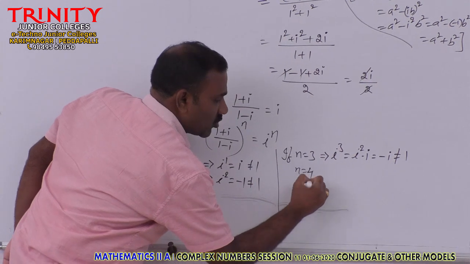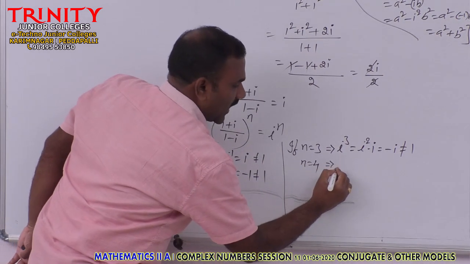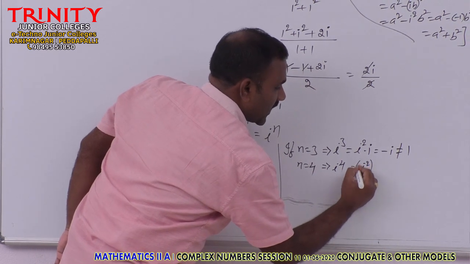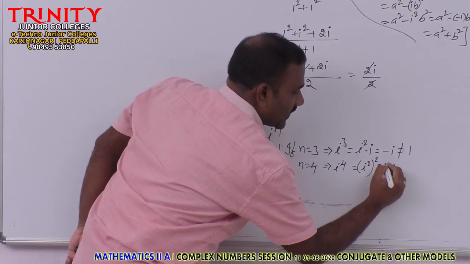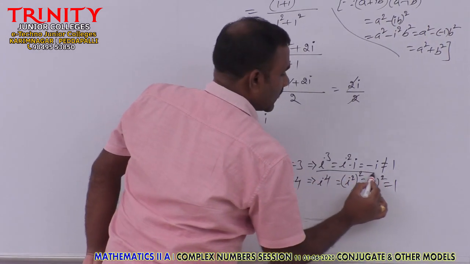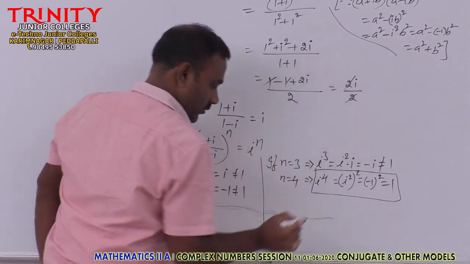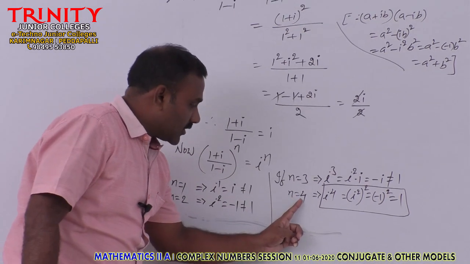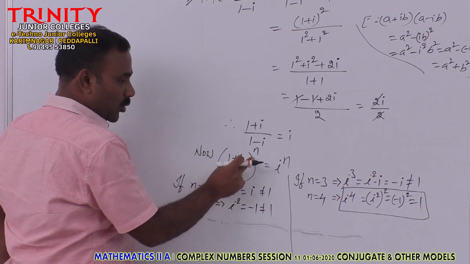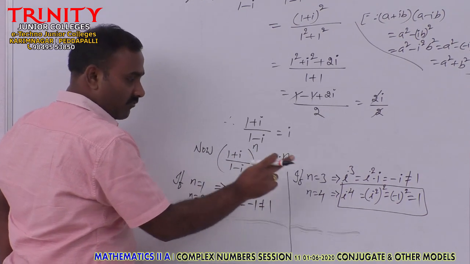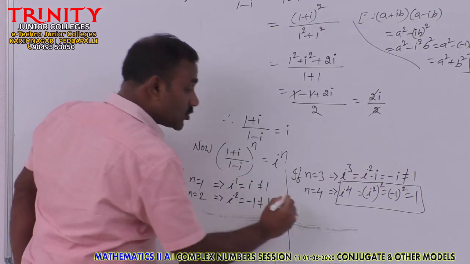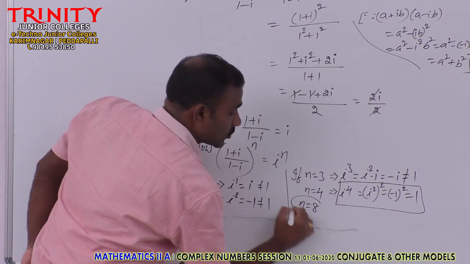Next, n = 4. i⁴ is (i²)², which is (−1)², equivalent to 1. Therefore, if n is 4, ((1 + i)/(1 − i))^n becomes 1. So why don't we go for n = 8? You may get the doubt.